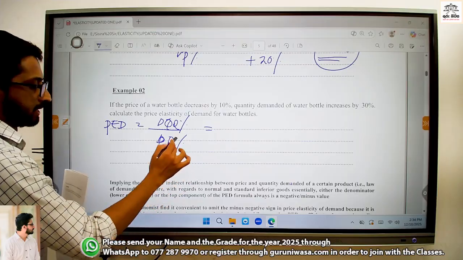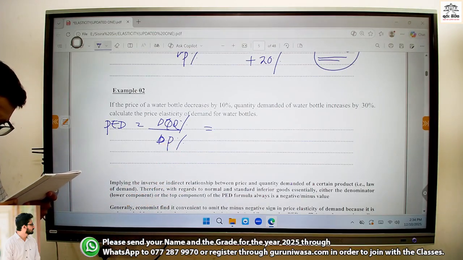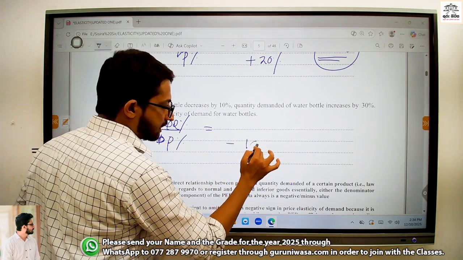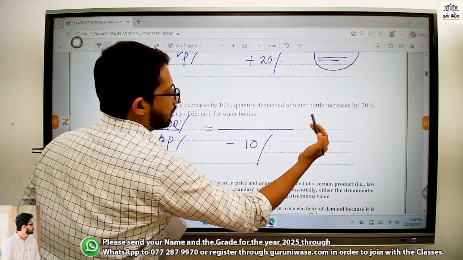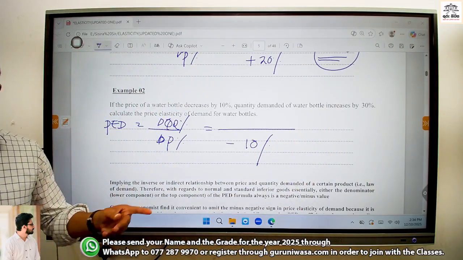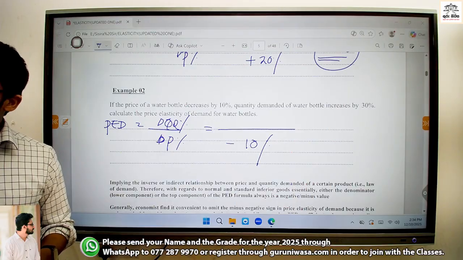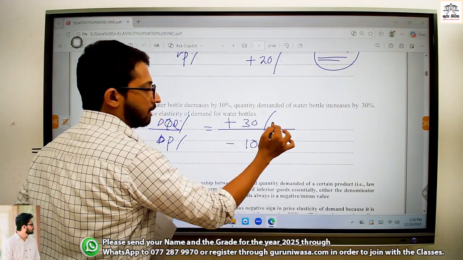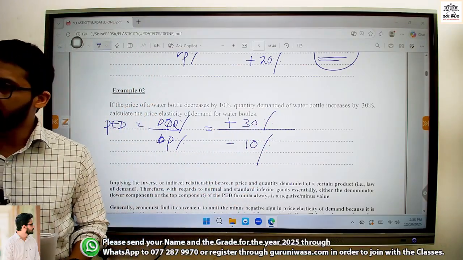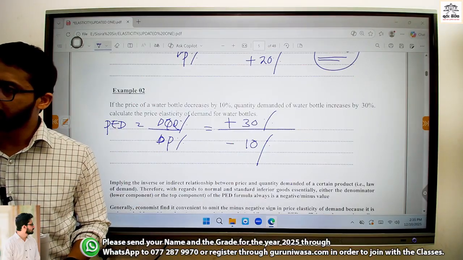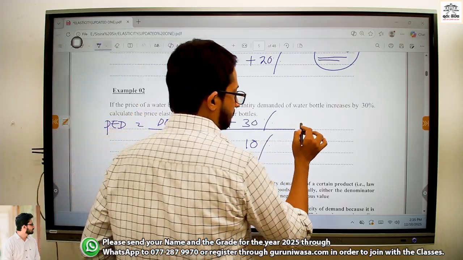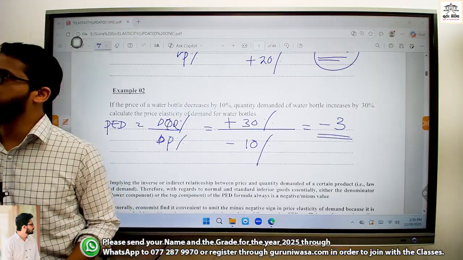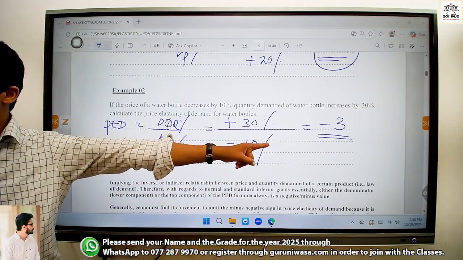The price of a water bottle falls by 10%, minus 10%. What happens to quantity demanded? It increases by 30%. Then plus sign over minus sign. What is the answer, plus or minus? Minus 3. PED value is always minus, remember.